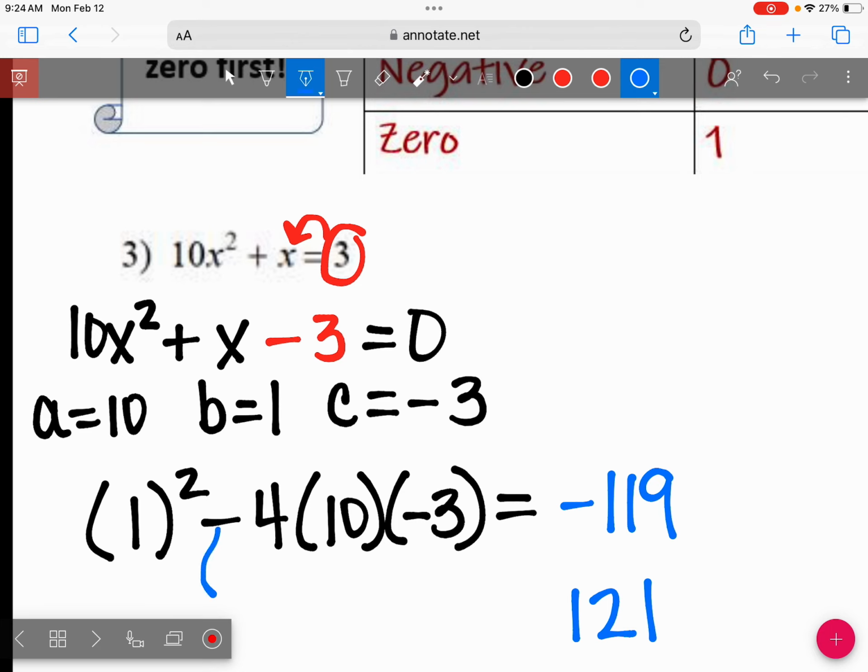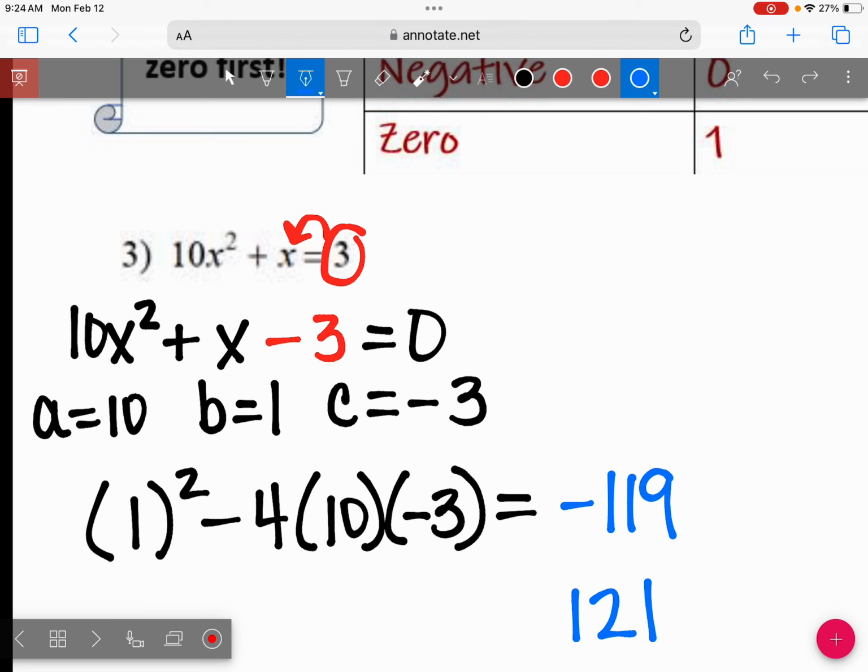I think it is positive 121. If you got negative 119, raise your hand. We have to figure out what we minus 4AC. C was negative. You didn't make it negative. So it's really important that you type it in exactly the way. 1 minus 4. Oh, yeah, that's right. Anybody get negative 119 and need help typing it in?